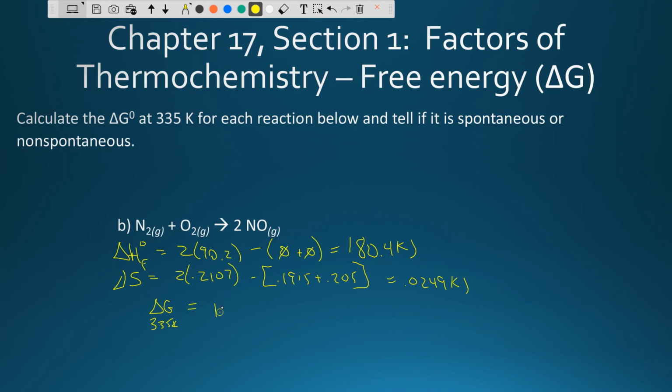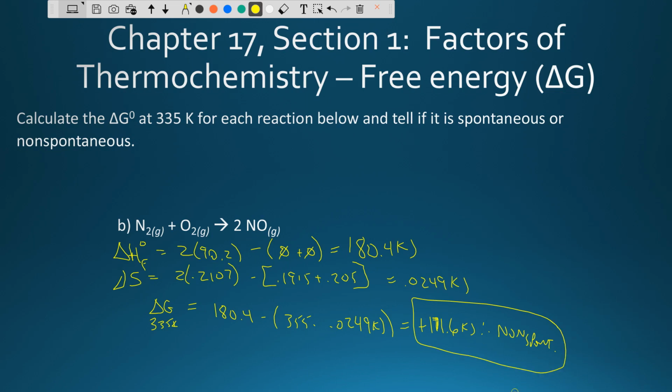Okay, I'm going to get 180.4 minus 335 again times 0.0249 kilojoules. And so I'll end up with a value of positive 171.6 kilojoules. Since it is positive, it is non-spontaneous.